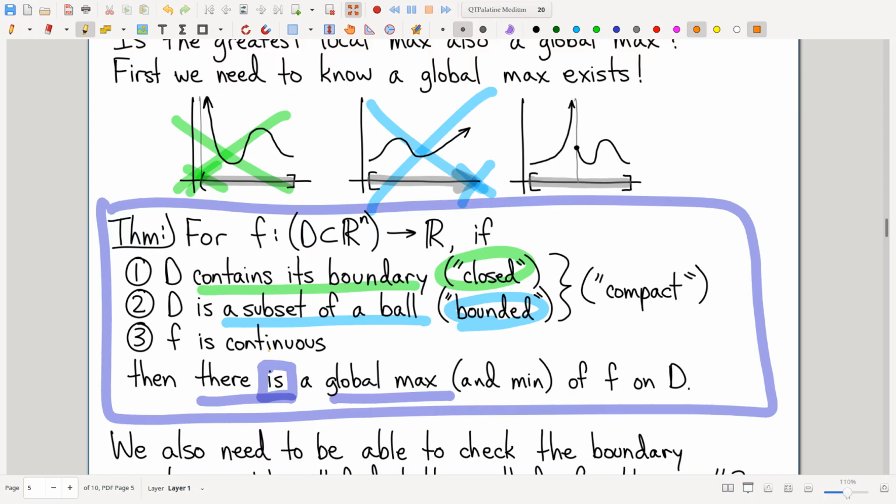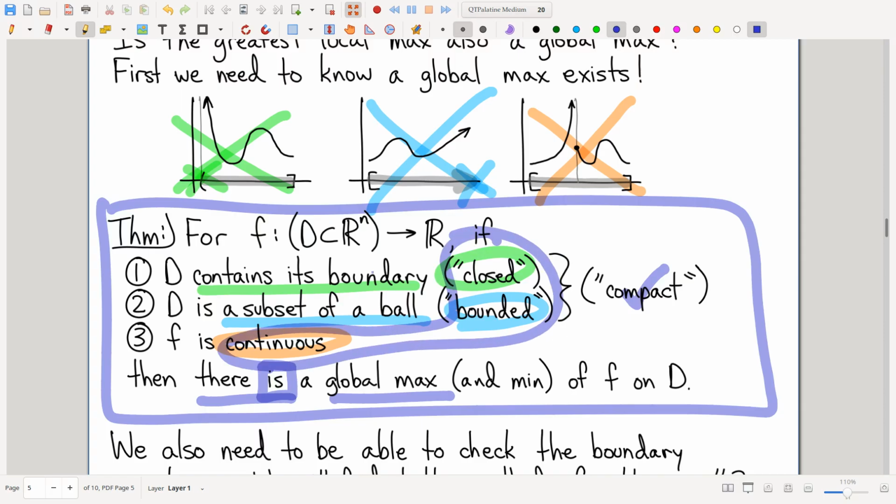And then if your function is known to be continuous, well, that would ensure that this little scenario doesn't happen. And it turns out these are the three things that can in fact go wrong. And if you have a function defined on a closed and bounded domain, otherwise known as a compact domain, by the way, a little lingo, and if your function in question is continuous, if these three things happen, there is a global max. It's just a question of finding it. Okay.